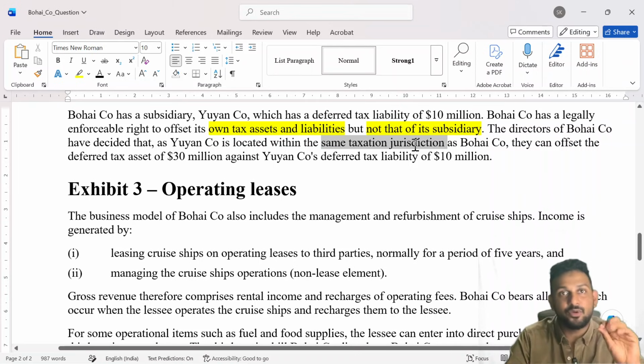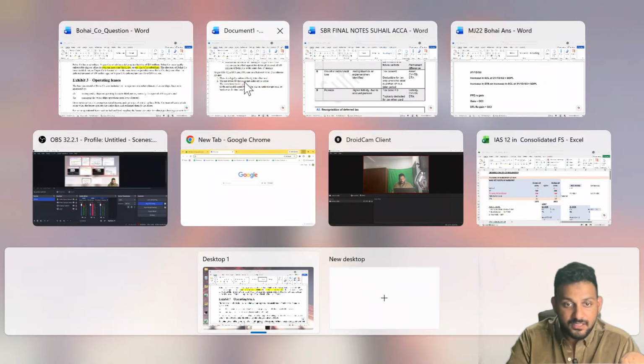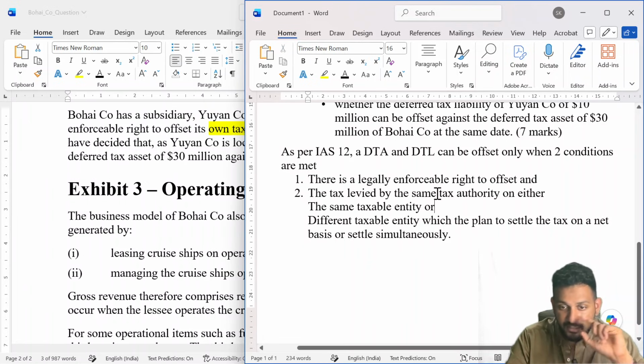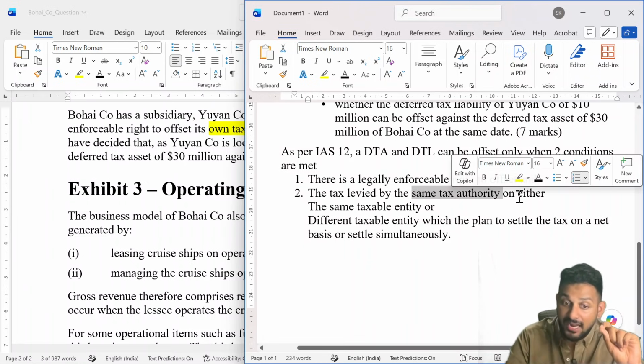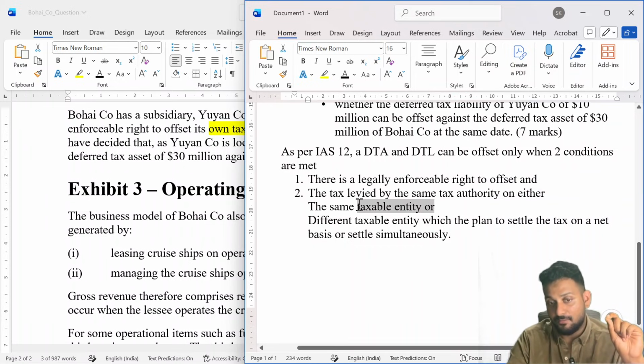Okay, the tax authority is the same, but the condition says that the authority should be the same on either the same taxable entity. So again, the condition is that both companies should be the same taxable entity.